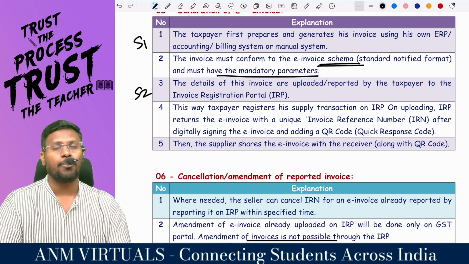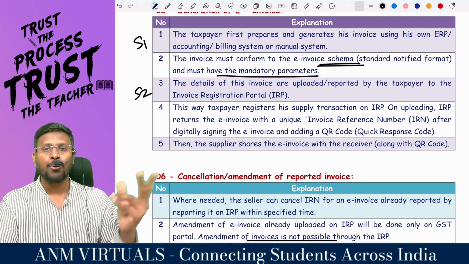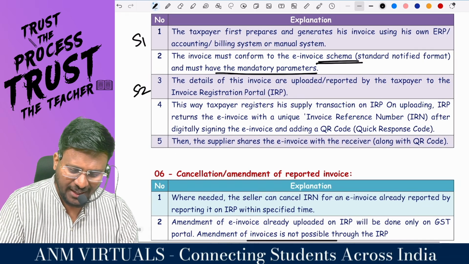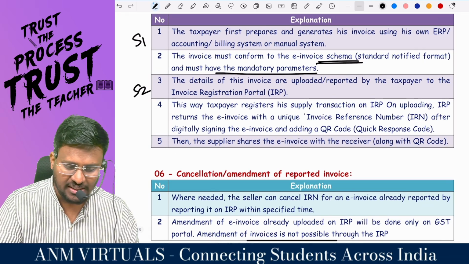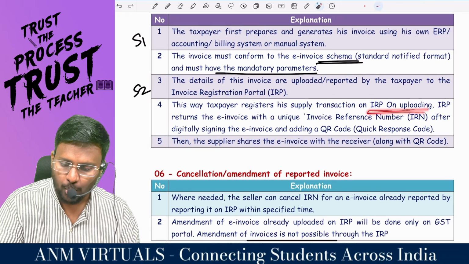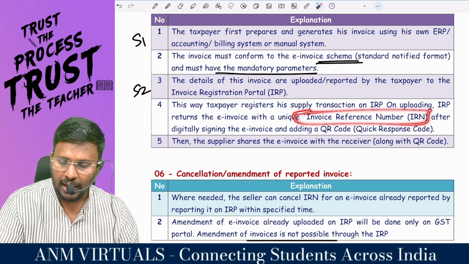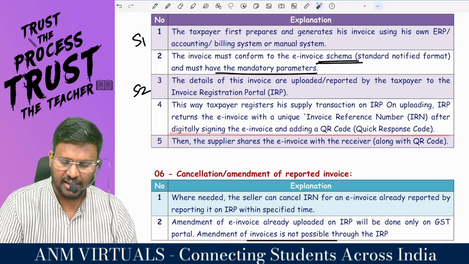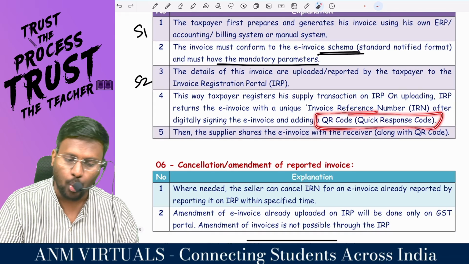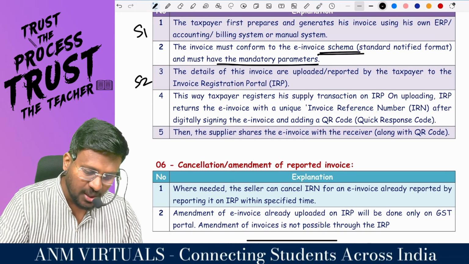First, you have to prepare the invoice on your own. Then you have to upload to the IRP. This way, the taxpayer registers the supply transaction on what? IRP. On uploading, IRP returns the invoice with a unique what? IRN, after digitally signing the e-invoice and adding a what code. This is step number 3.